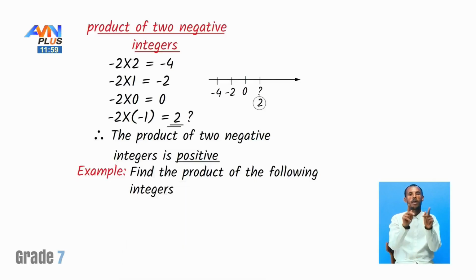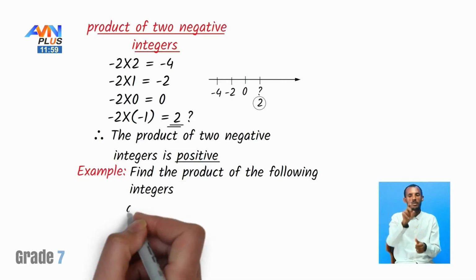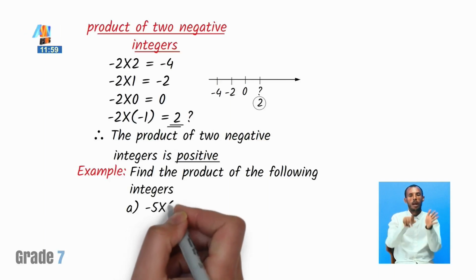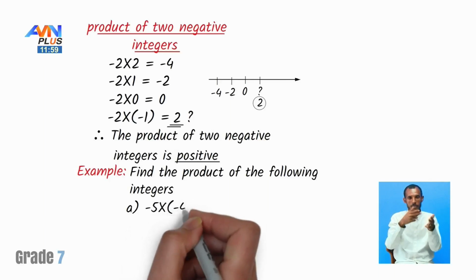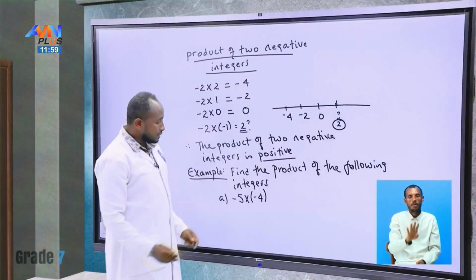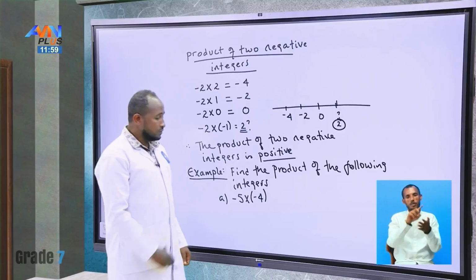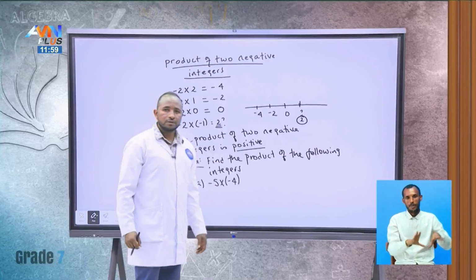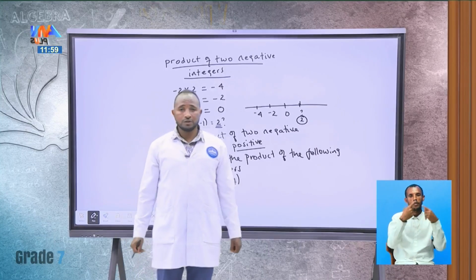Okay, the first question. Let's multiply these two. -5 times -4. Please, students, try this question. I'll give you 10 seconds for this. Students, have you tried the question?